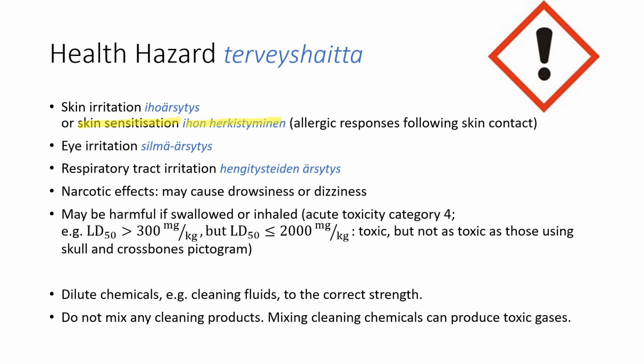Often an individual does not show any symptoms after the first exposure, but with subsequent exposures the skin reacts. Symptoms include dryness, redness and itching of the skin. The skin may become swollen, cracked and thickened, and blisters may develop.